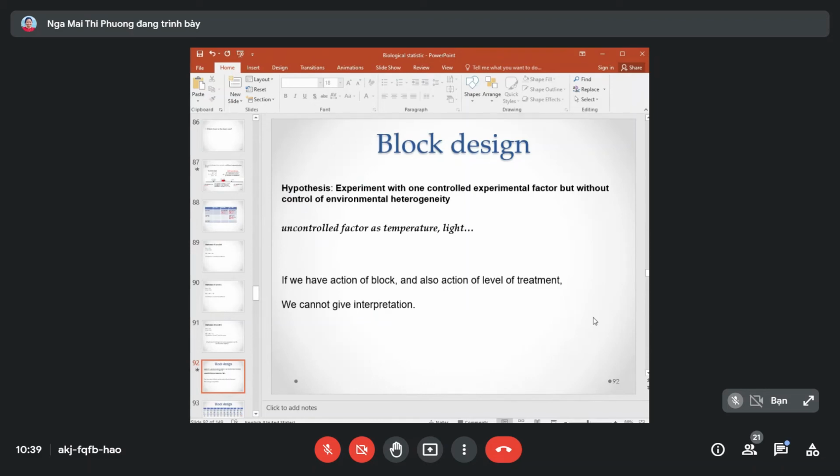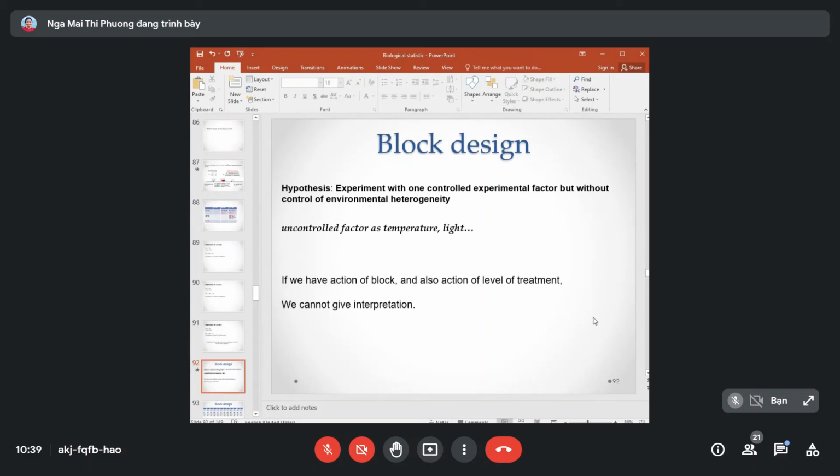In the ANOVA single factor that we just did before, we only check the effect of the controlled factor, which is the fit, and we remove the uncontrolled factors like environmental factors, for example light, pressure or humidity.